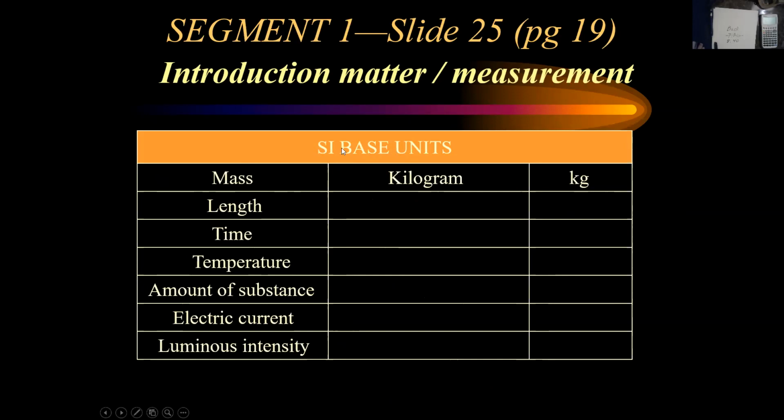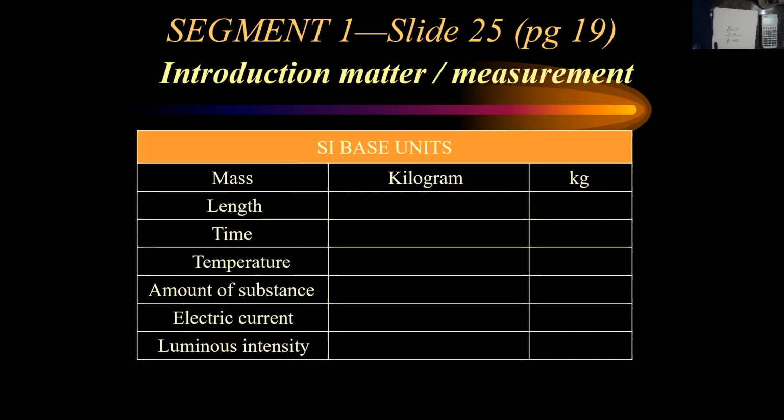It's called the SI system, System International. We have various things we measure. We measure mass. In the SI system, the standard unit of mass, the base unit of mass, is the kilogram. It isn't the gram.